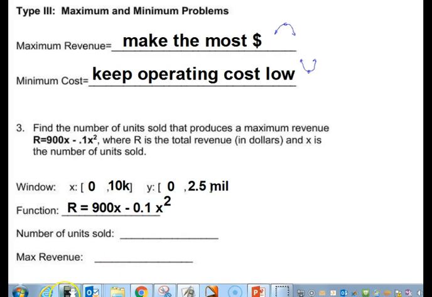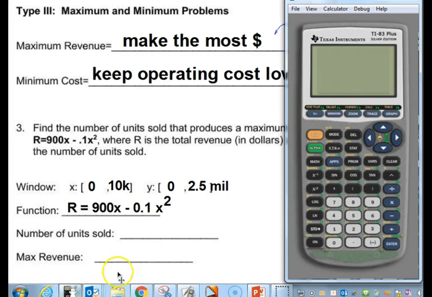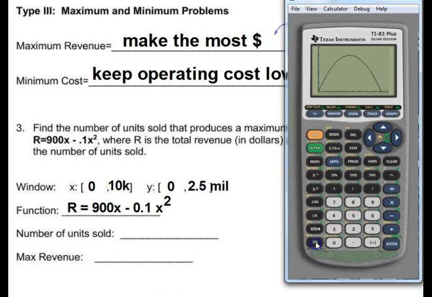Now what we need to do is we're going to go into our calculator. Now that our calculator is on, we're going to figure out our maximum value, which is at the vertex. The way we do that is we go to second trace, calculate our maximum. All right, we're going to go to the left bound.